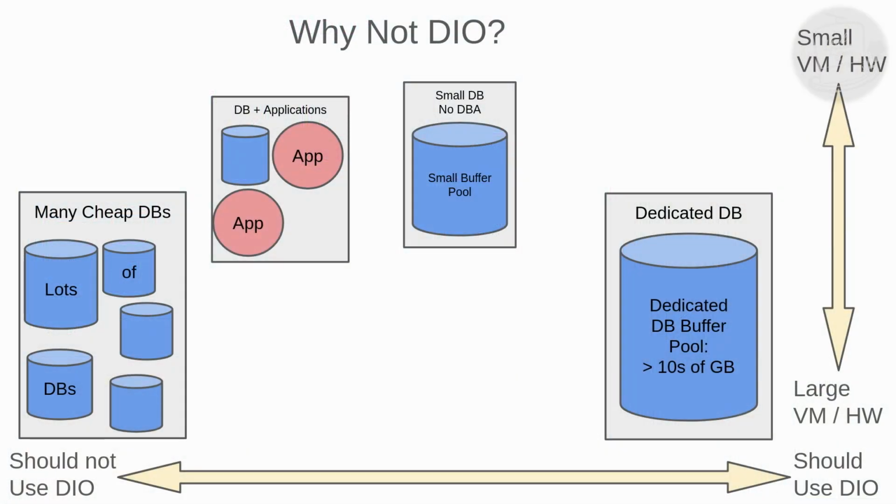But in other places where the database is used as part of an application, usually all the databases have a small cache, a buffer pool as they call it. If you want the performance of direct IO to be really good, you should have a really large buffer pool so that you can cache all your reads and writes. So it can be really fast.